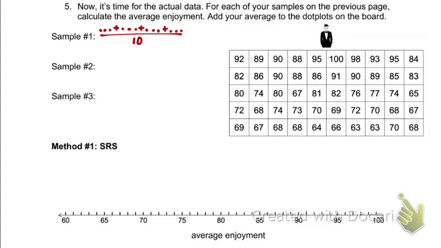Do you want to calculate your average? The first one that we're doing is the one over here, method number 1, simple random sample. So your red sticker will go on this poster right here. So show me what you got. When you add them all up, you should divide by 10.